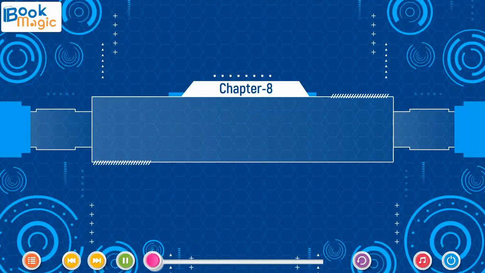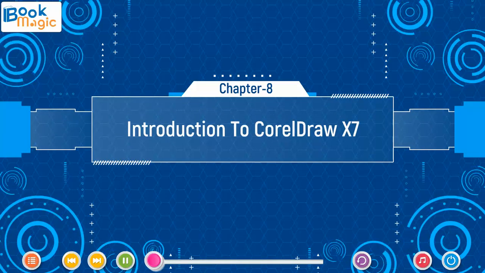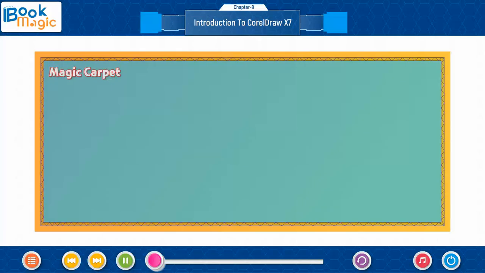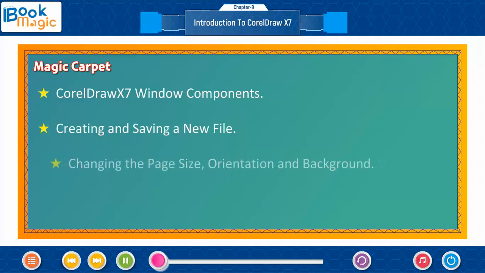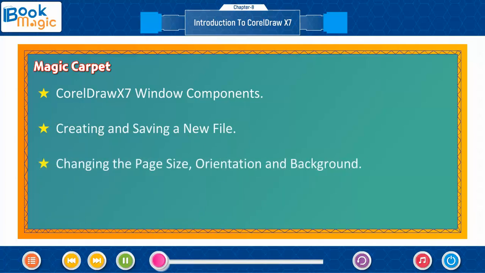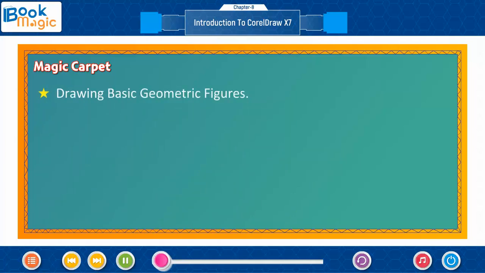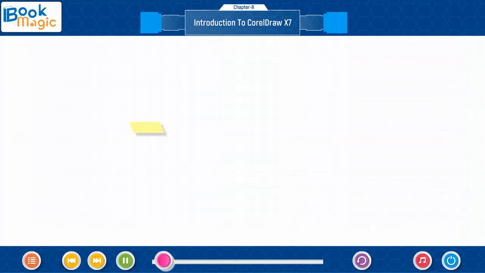Chapter 8: Introduction to CorelDRAW X7. Magic Carpet: CorelDRAW X7 window components, creating and saving a new file, changing the page size, orientation and background, inserting or deleting pages, drawing basic geometric figures, working with images, exiting CorelDRAW.